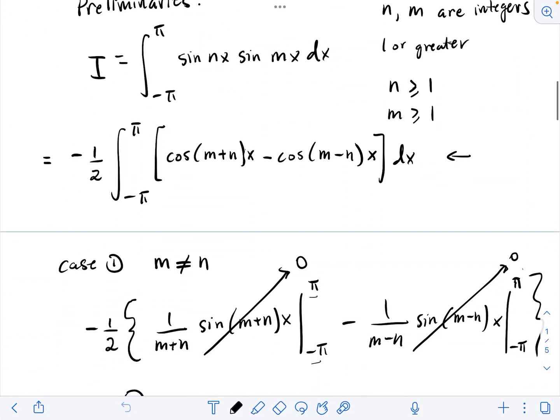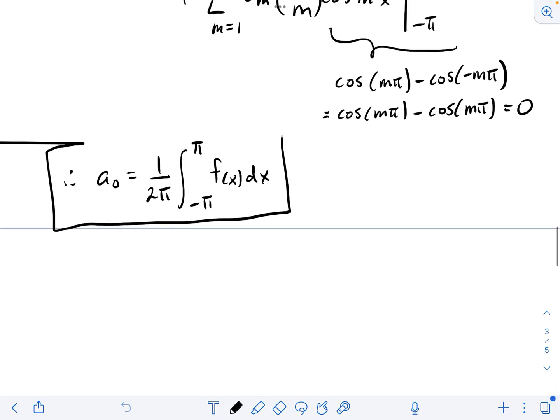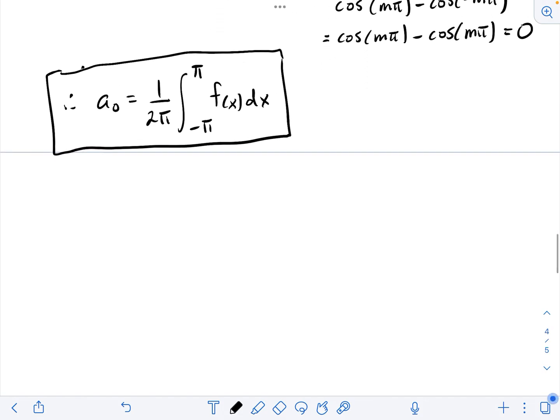All right, so we have our very first coefficient. We still have to find all of the other an and bm for n equals 1 to infinity and m equals 1 to infinity. But it turns out it's not so difficult. So what we're going to do is try another integral of f of x when it's expressed as this Fourier series.